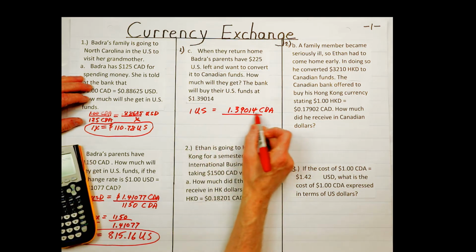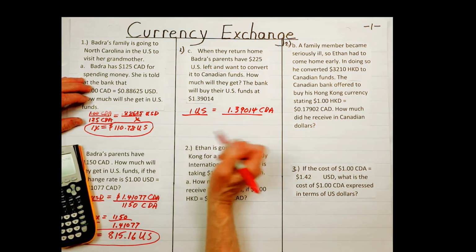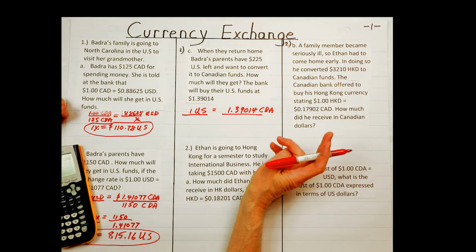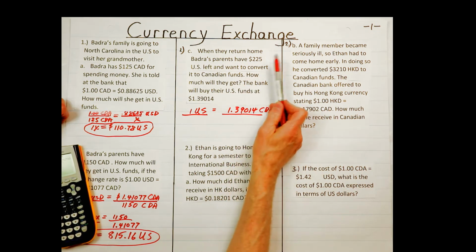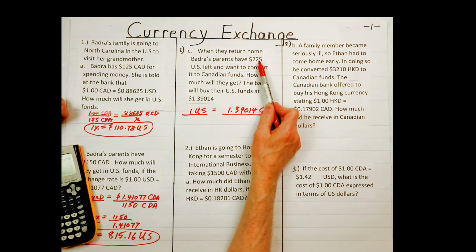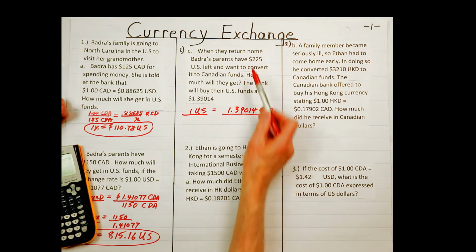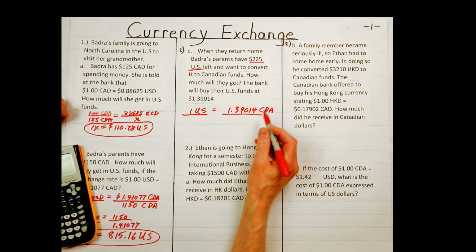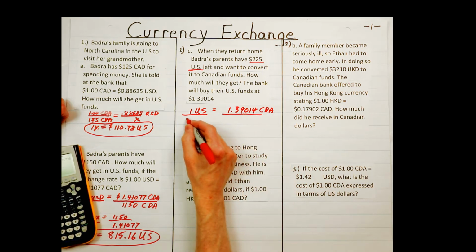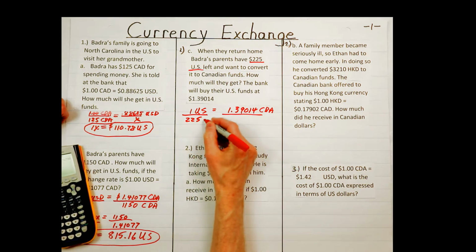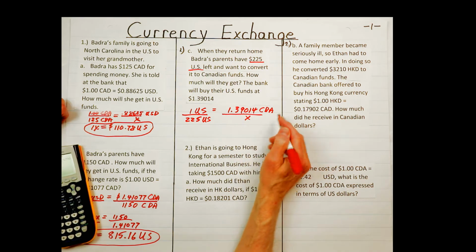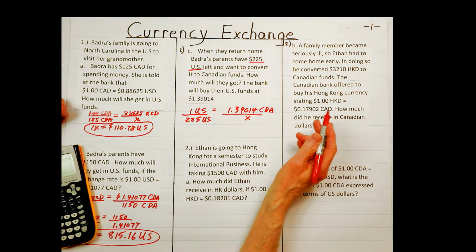The US dollar is worth more, right? Significantly more right now. And how much do they have left? They have $225. We have to put this in the right place in the proportion. This $225 is US funds. So we have to put that here, 225 US, and then the X will represent Canadian funds.